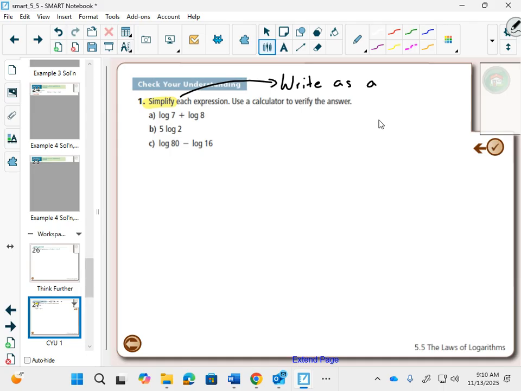So when a question says, can you simplify, you're wanting to write it as one single logarithm. In other words, in each of these questions, we have to recognize, do we have the right side of one of those three log laws, and could we write it as the left side?